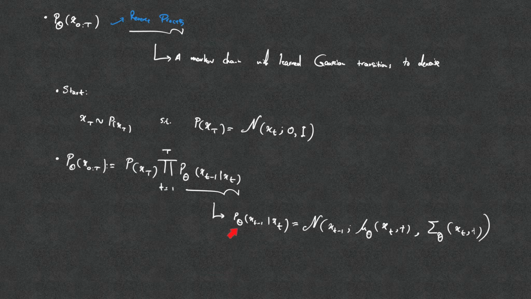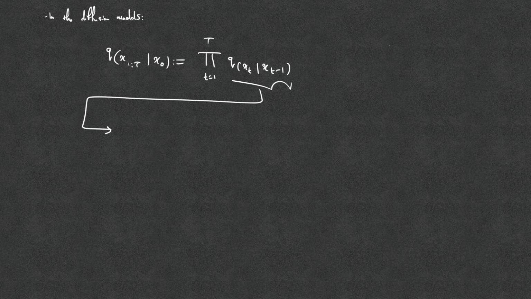What this means is that if you look at this, which gives you the probability of observing a value for xt minus 1, given that you have observed a value for xt, given the parameters theta, it is modeled as a Gaussian distribution, in which you plug in this xt minus 1 value and get your result, which is parameterized by a mu theta, using xt and t. Note that it's independent from t plus 1, etc. And you have the covariance matrix, again, parameterized like that. And you have the forward process, which is focused on q. And you have it like this, going from 1 to t. You are noisifying essentially the image.